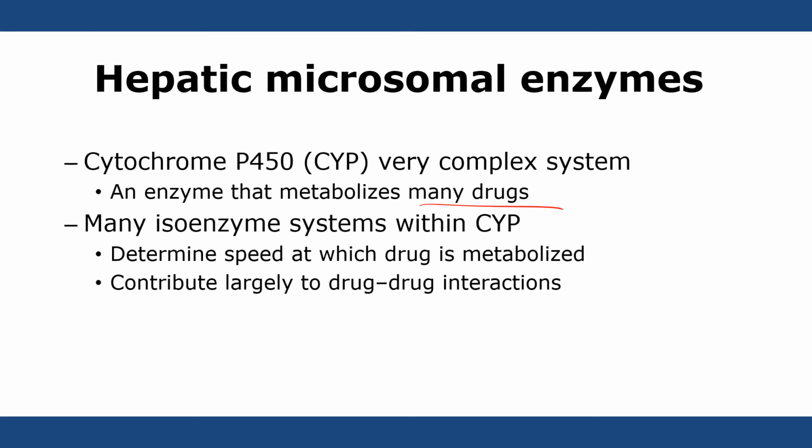We are really talking about these liver enzymes, this cytochrome P450 complex system. In other words, these enzymes will determine the speed at which the drug will be metabolized. This is one of the reasons that cause drug-drug interaction.